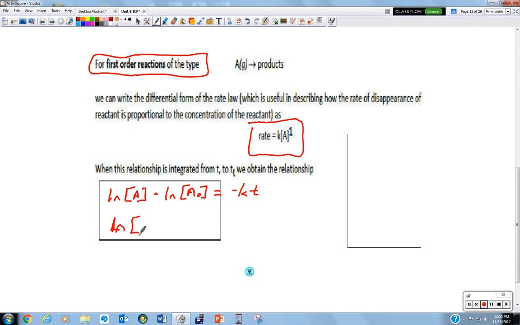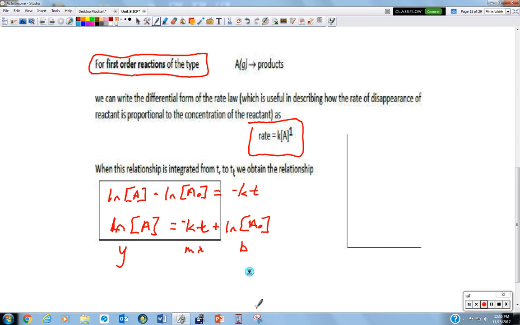All right, putting it in slope-intercept form, you're going to have ln concentration of A equals negative kt plus ln original A. All right, and again, you have your y, you have your m, you have your x, and you have your b.